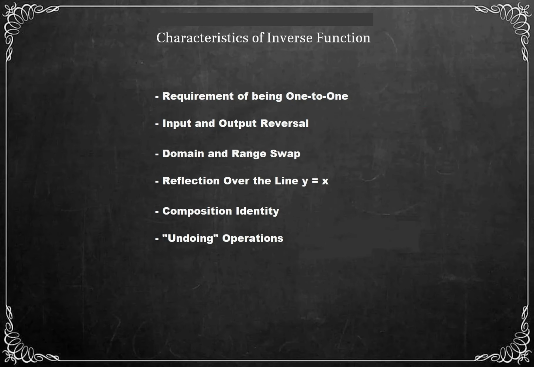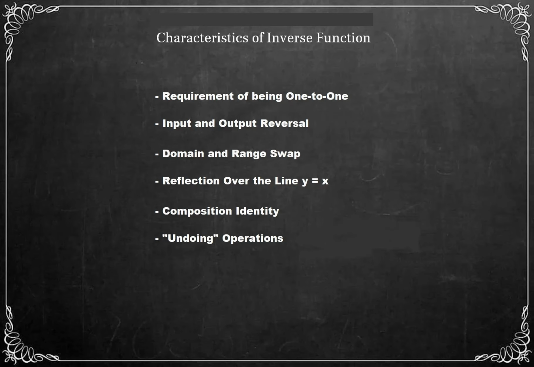Input-output reversal. The inverse function swaps the roles of input and output. We've seen an example of that already, where f of a equals b, then the inverse of f equals a.